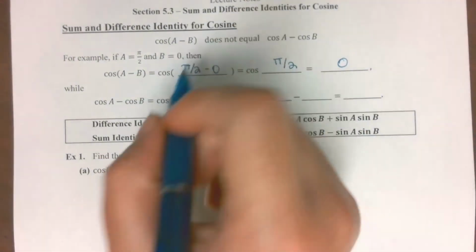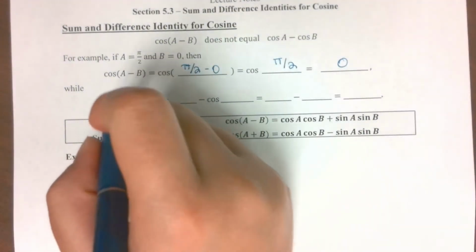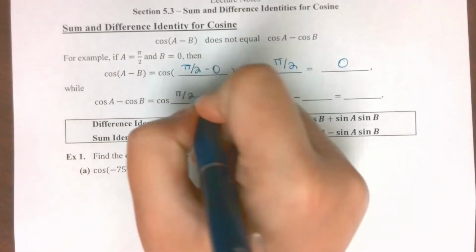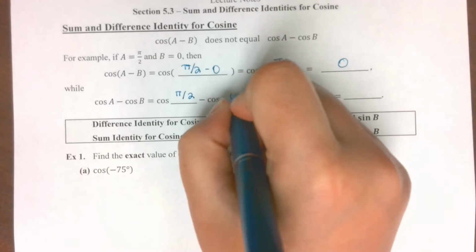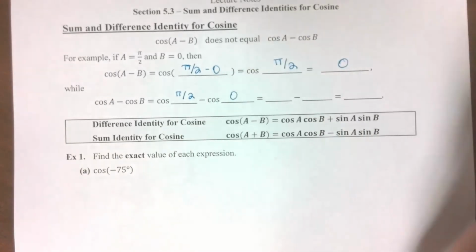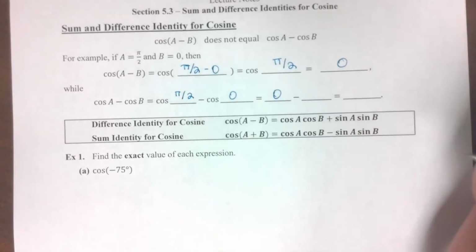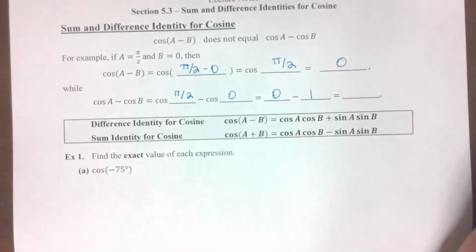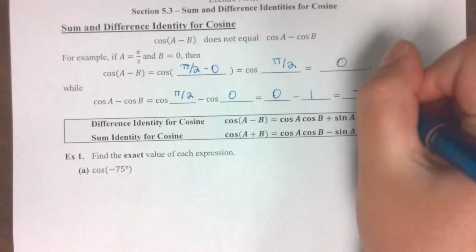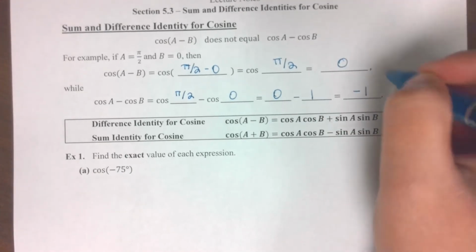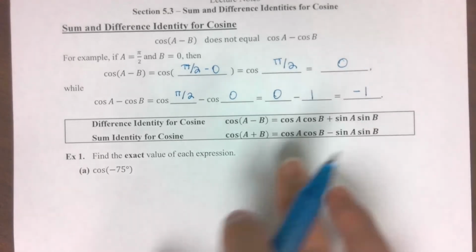Cosine A minus cosine B would give me cosine of pi over 2 minus cosine of 0. Cosine of pi over 2 is 0, and cosine of 0 is 1, so this would give me negative 1. Notice that these two are not equal, so you cannot split it up that way.